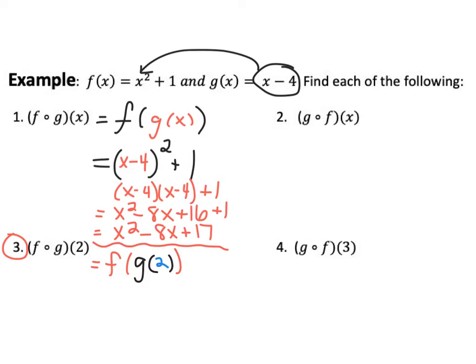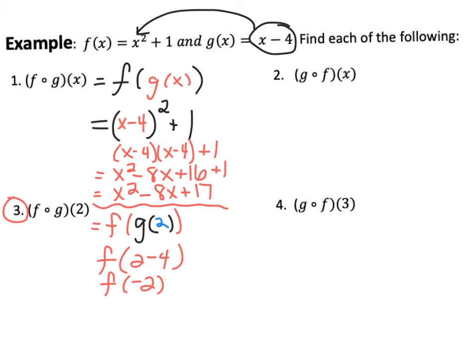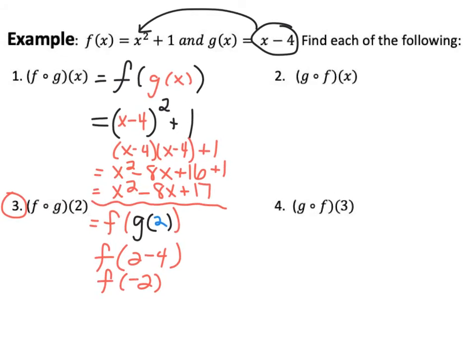So if I plug 2 into g of x, that's going to be 2 minus 4, just to show you in 2 steps here, which is negative 2, and then I'm going to do f of negative 2, so I'm going to plug negative 2 into f of x, which would be negative 2 squared plus 1, which would be 5. So f of g of 2 is equal to 5.